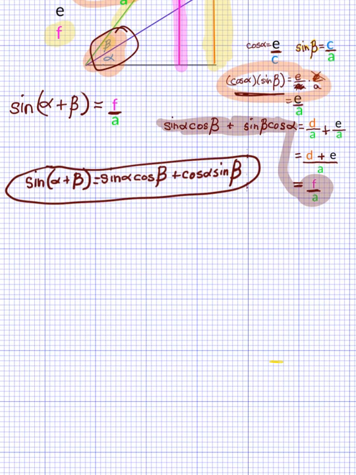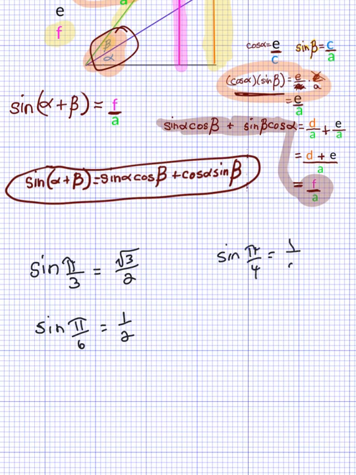So we know a lot of our special triangles. We know that sine of pi by 3 is equal to root 3 over 2. We know that the sine of pi by 6 is equal to 1/2. We know that the sine of pi by 4 equals 1 over root 2.